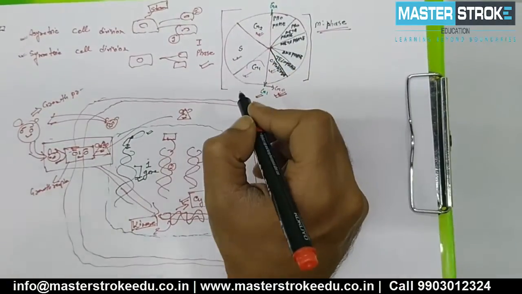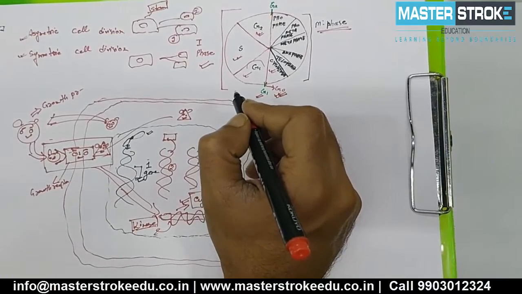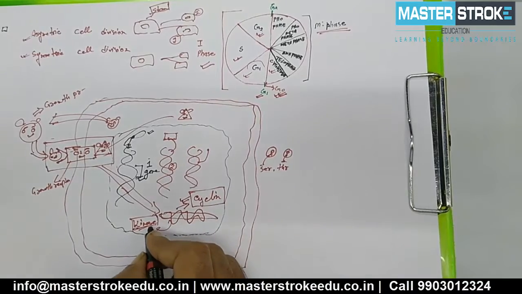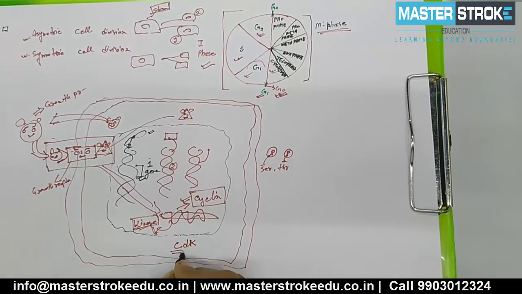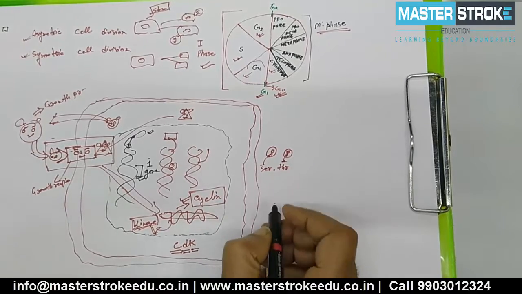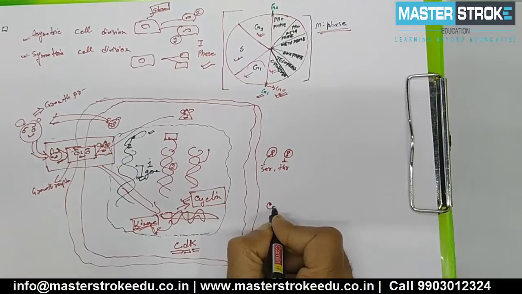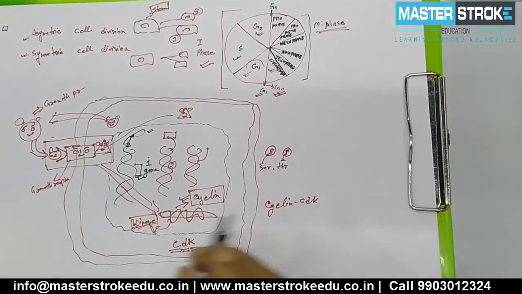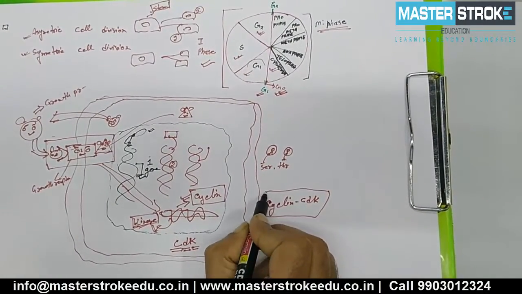So each cyclin is responsible for optimizing the function of kinase. Such a kinase is known as CDK, cyclin dependent kinase. The complex of the cyclin and CDK is known as cyclin-CDK, cyclin bound with the cyclin dependent kinase.